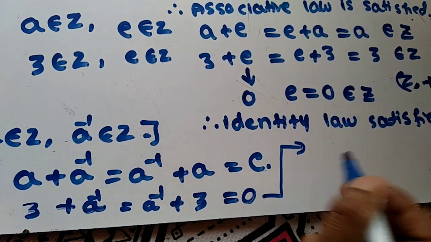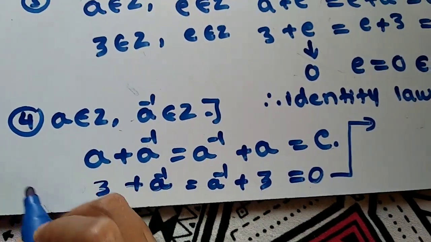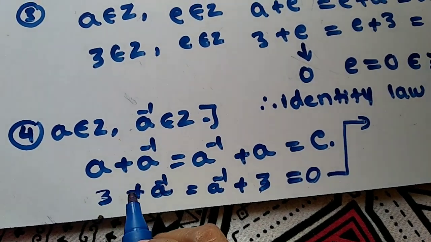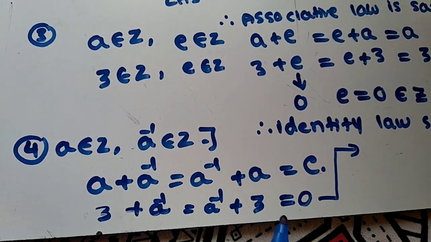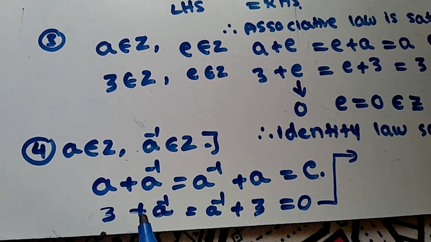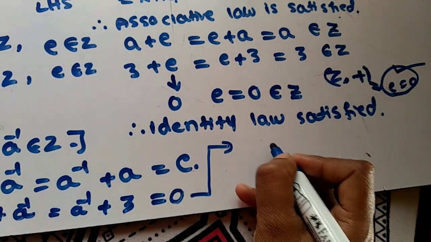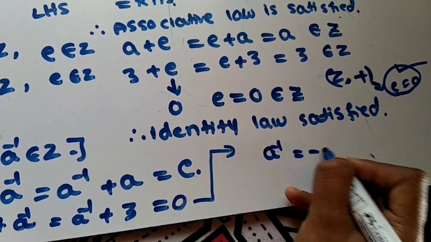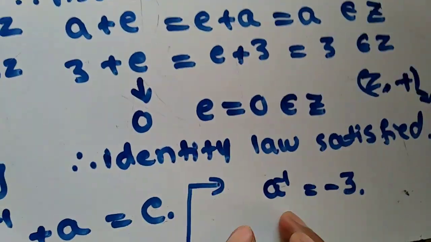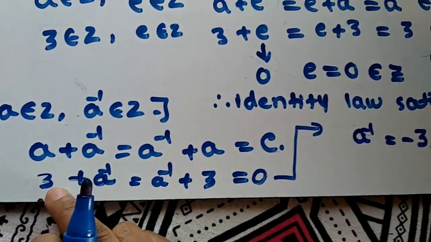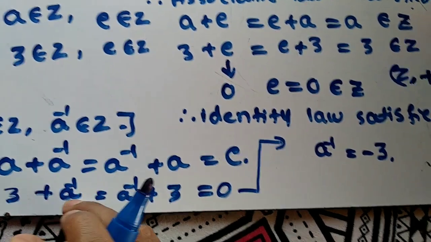Okay, I don't have space, so I am going to write here now. So just look at here. When you get 3 plus anything is equal to 0, only then your A inverse should be, which is nothing but minus 3. At this point only you will get 3 plus minus 3 is equal to 0.